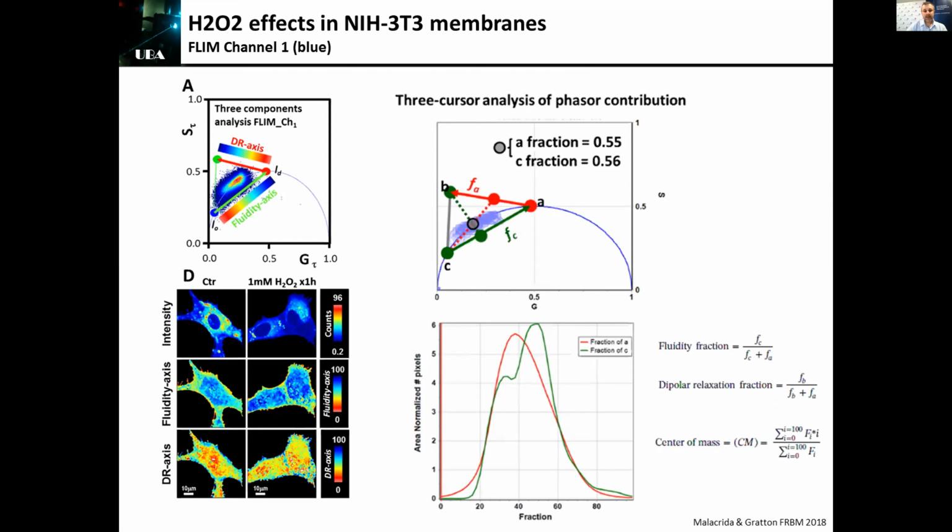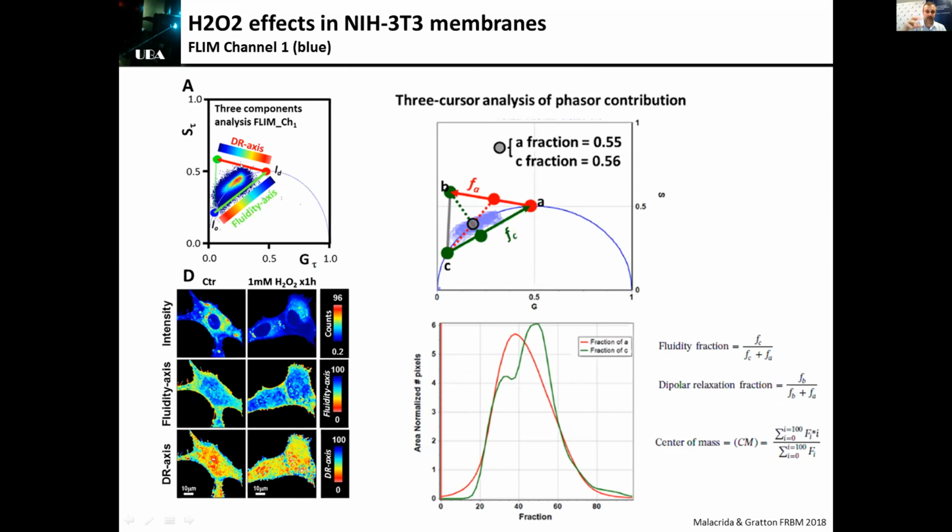We will collect our data, and then analyze using this three-component analysis in order to see the change in the fraction of liquid order and liquid disorder, and then whether there is dipolar relaxation. We will not expect to have dipolar relaxation in the blue channel. We will have to see dipolar relaxation in the green channel because it's related to the environment of the water.